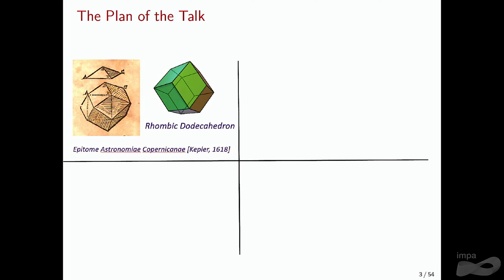I don't know if the Romans used it for gambling or did they play D&D, but anyway, it exists. The first reference that I could find is in one of the works by Kepler, where he used this convex polytope in one of his models of the solar system. So that's player number one, the rhombic dodecahedron.